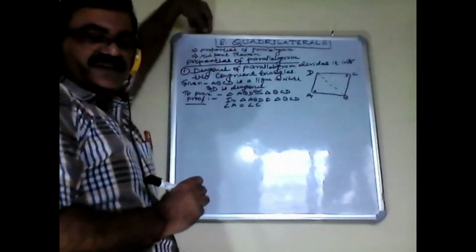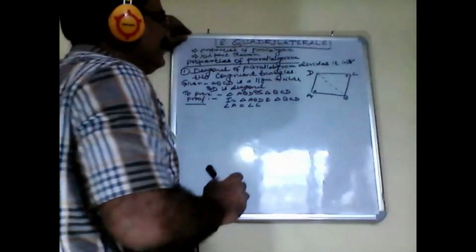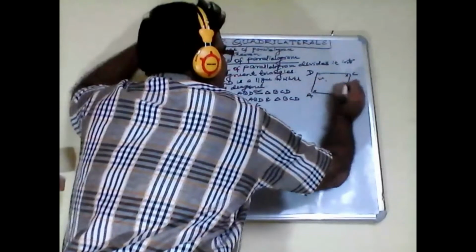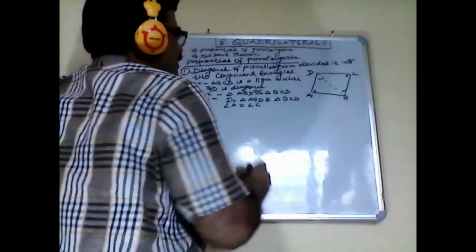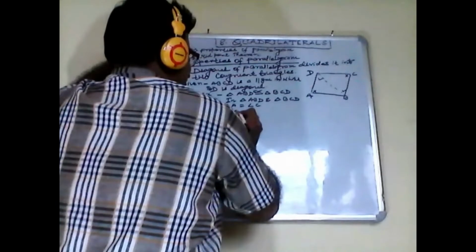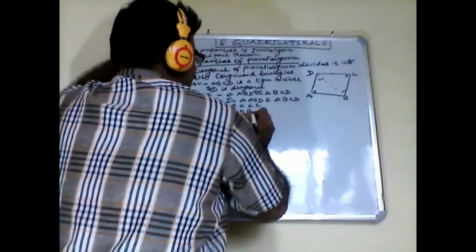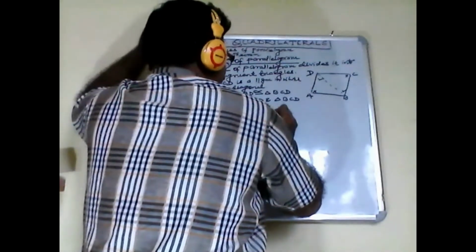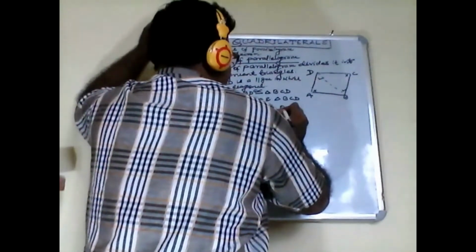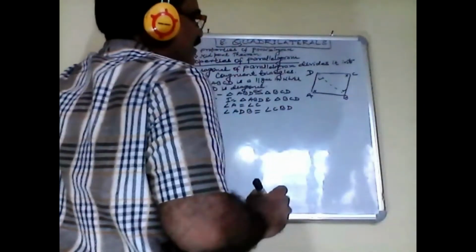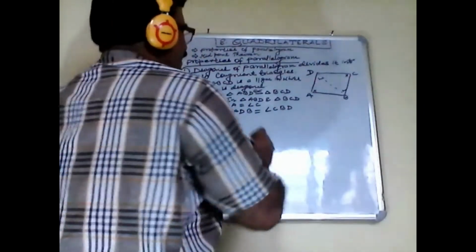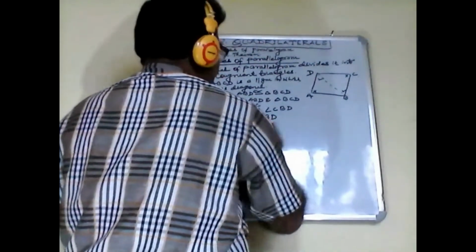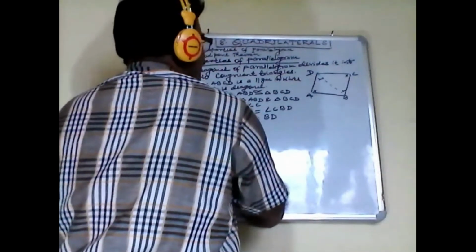Next, you can also see that these are parallel, so these two angles will also be equal: angle ADB and angle DBC, or we can write CBD, both are correct. These are alternate angles, and BD is equal to BD.